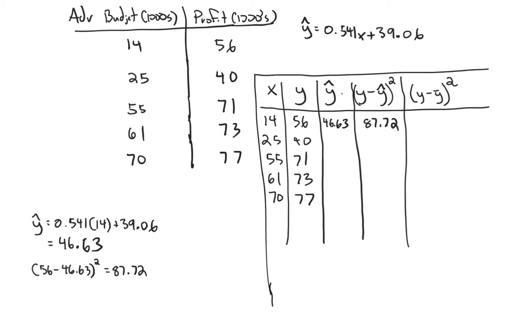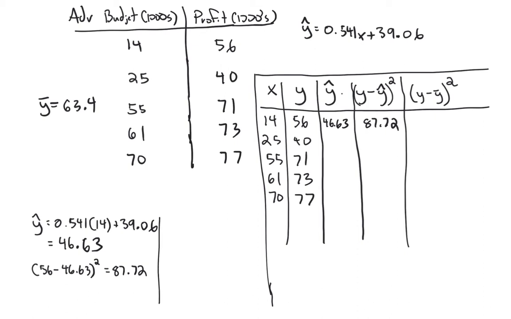Great. Now we need the mean of y, so we can calculate that over here. If I add up all 5 of these values and divide by 5, I get 63.4. So that's the mean of our y values. Okay.